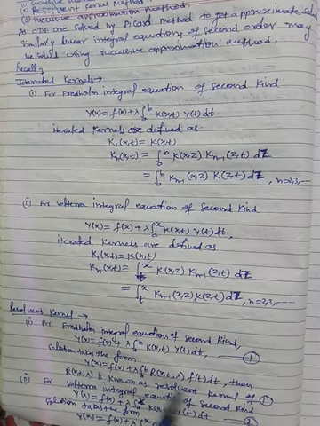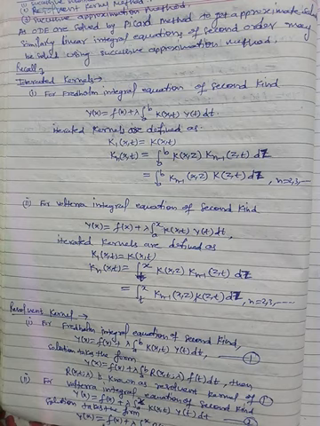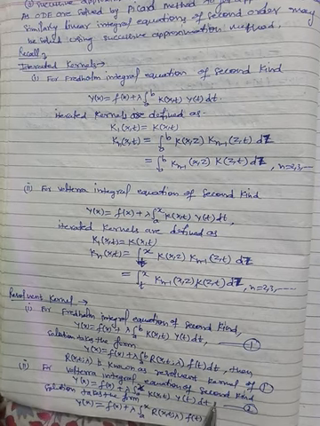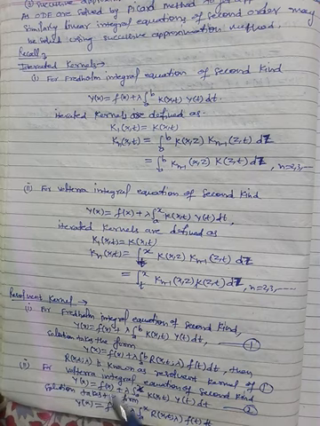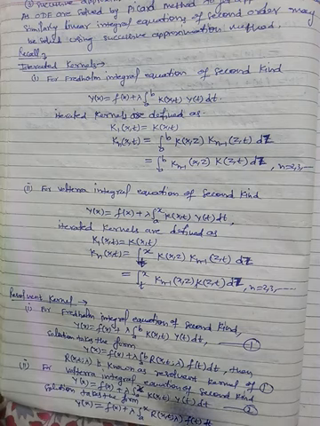We have already shown you that this is the solution of this equation when we discussed the resolvent kernel. Similarly, for the Volterra integral equation, this is the equation. Its solution in terms of the resolvent kernel is given by y(x) equals f(x) plus lambda times the integral, where in place of K(x,t) we have the resolvent kernel, and in place of y(t) we have f(t) dt. So you can find the solution.